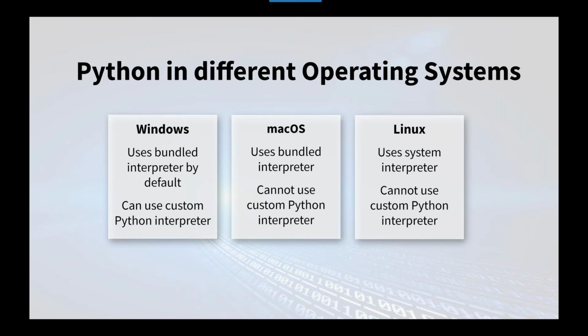On Linux, the system interpreter is used, with the exception of FME 2021, where there is no Python 2 support, so it will only use the Python 3 interpreter on Linux systems. And you also cannot specify a custom interpreter in Linux.